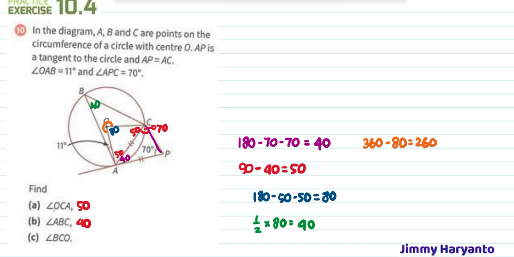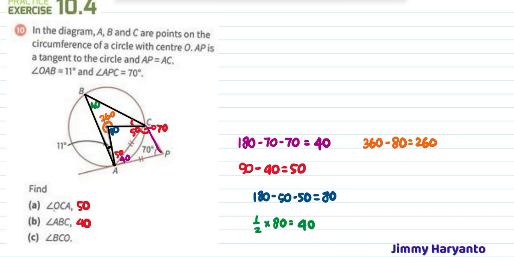So this one is 260, and then I want you to take a look at this quadrilateral. Even though the shape is not just like squares or rectangles, it's still a quadrilateral because it has 4 sides. That means the sum of the angles in a quadrilateral will be 360 degrees.